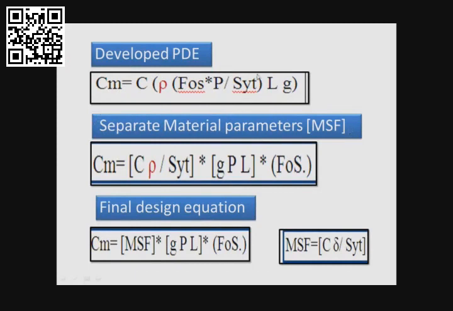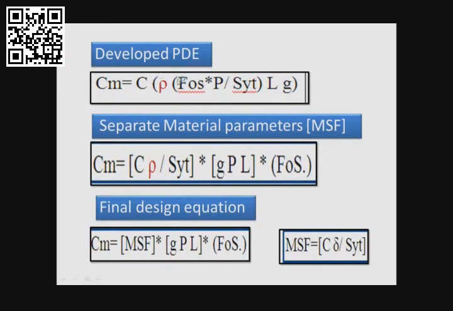This is the equation we got from the previous slide. What are the material properties in this equation? The parameters related to the material are the rate of the material, its density, and its strength.